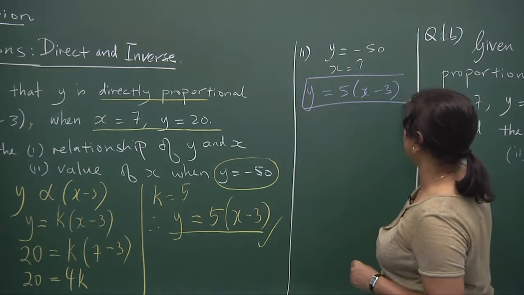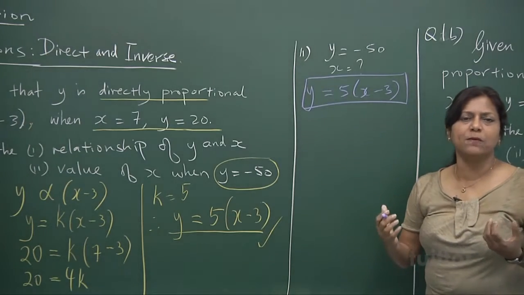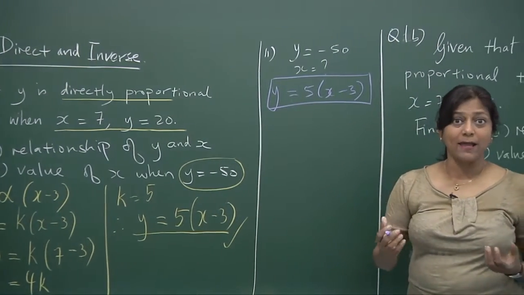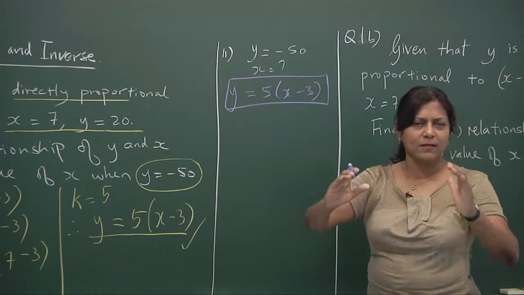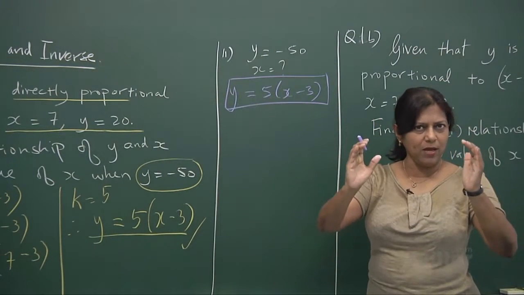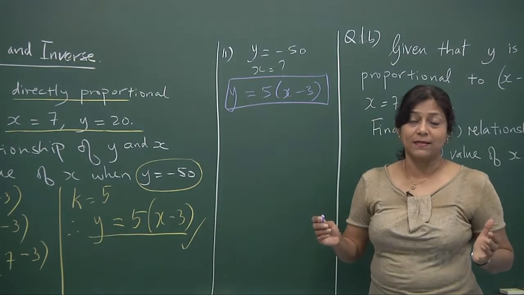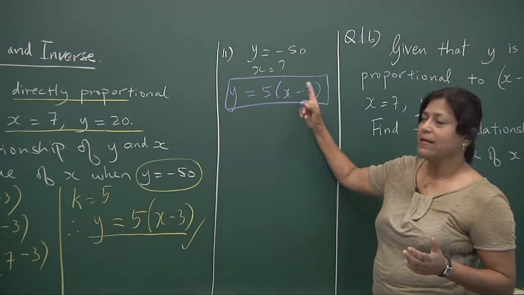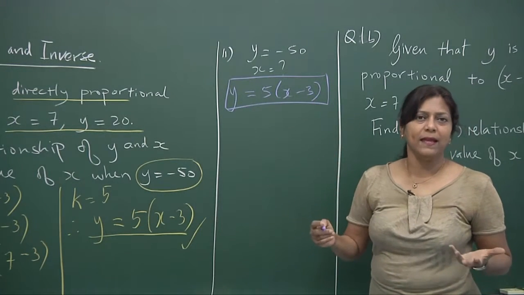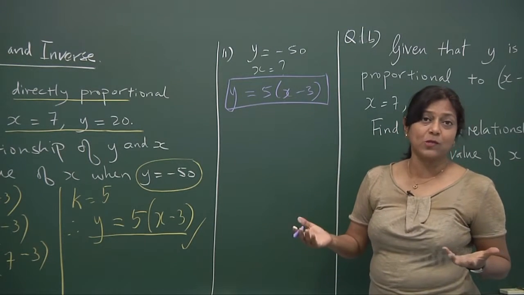This is called the rule, the equation, the relationship between x and y. The relationship here is that y is always, you take x, you take away 3, and then 5 times that, whatever the value of x is. If x is 20, 20 take away 3, you get 17. 17 times 5 is 85. If x is 100, you put it in and find what y is.